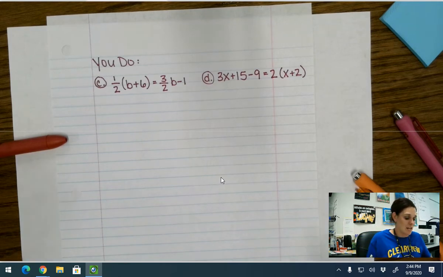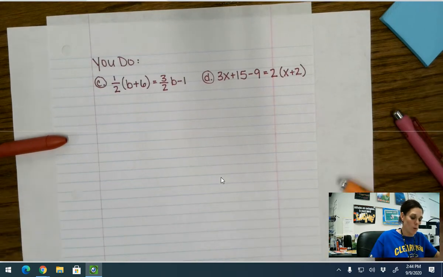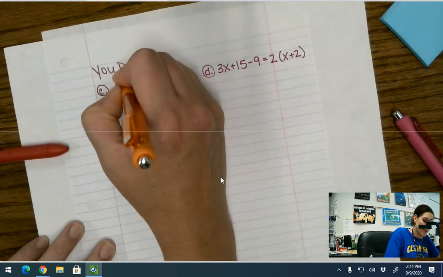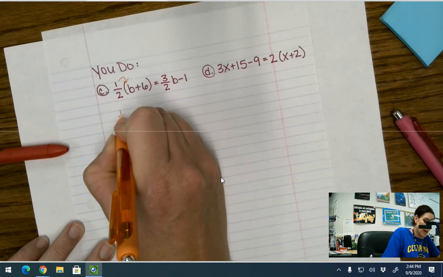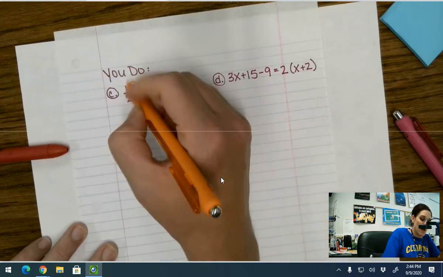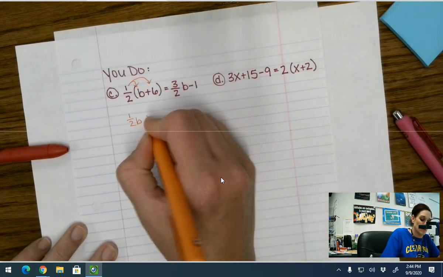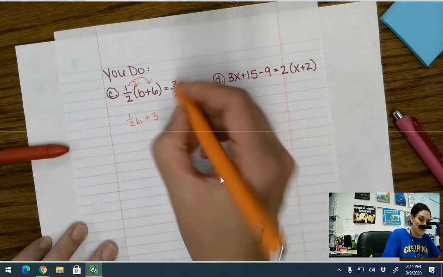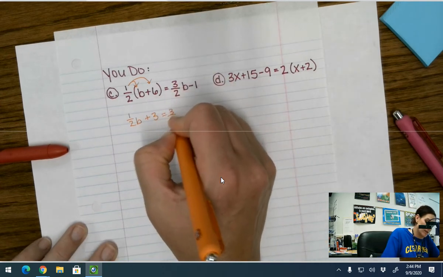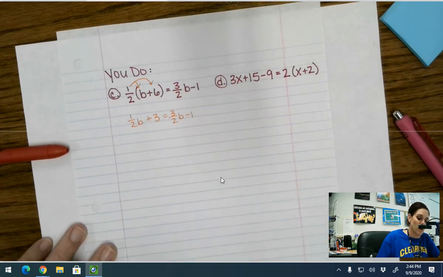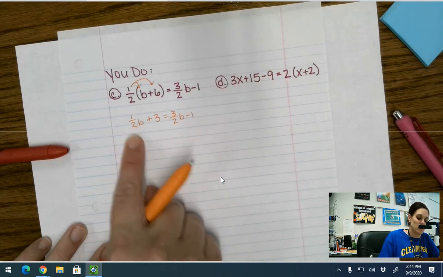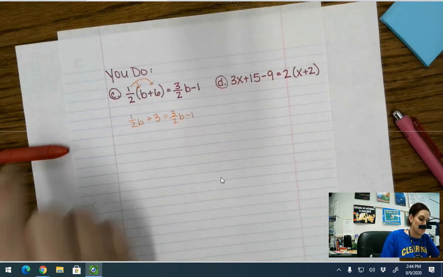All right, so let's take a look at our answers and power through working on these. So 1/2 times b would make 1/2 b. Half of 6 is the number 3. All right, equals 3 halves b minus 1. I now need to move these. Who is smaller? Well, a half is smaller.